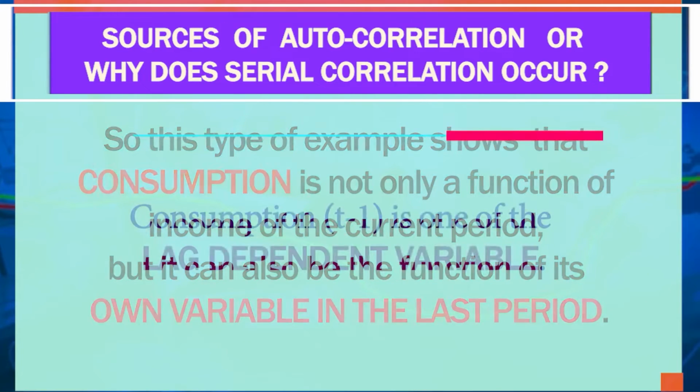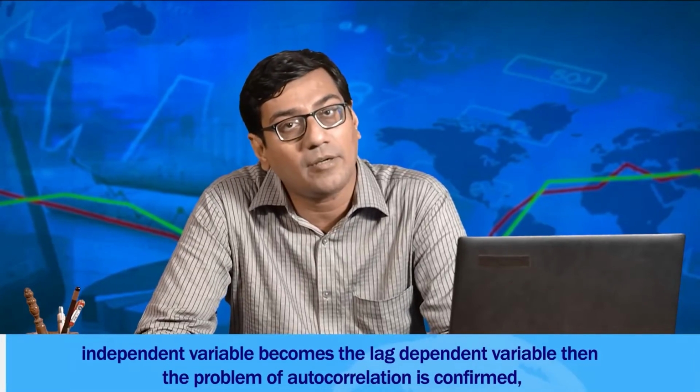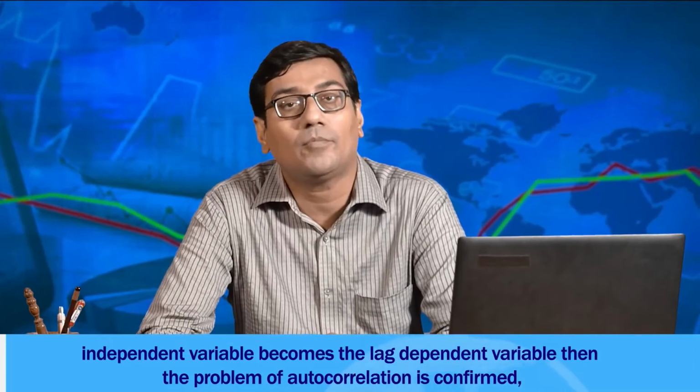So what we observe is that consumption at T minus 1 is a lagged dependent variable. In any modeling where the lagged dependent variable becomes an independent variable, the problem of autocorrelation is confirmed, because we can see how the error terms will be related to each other.